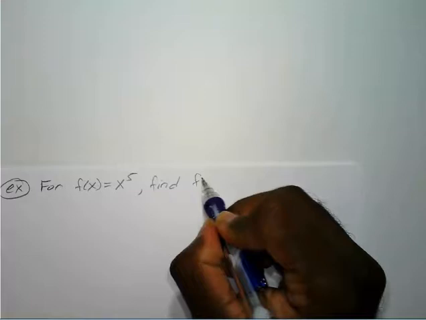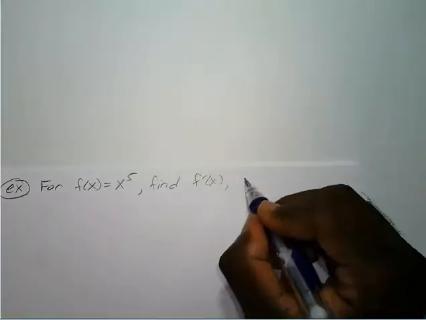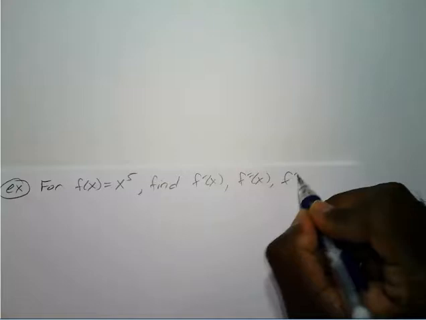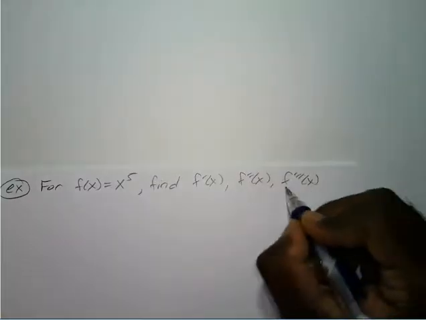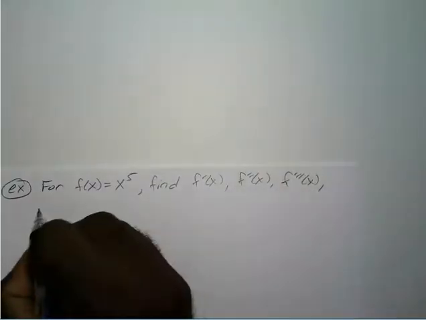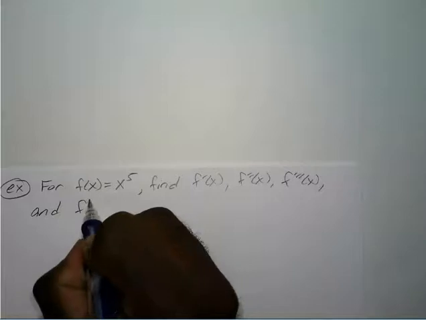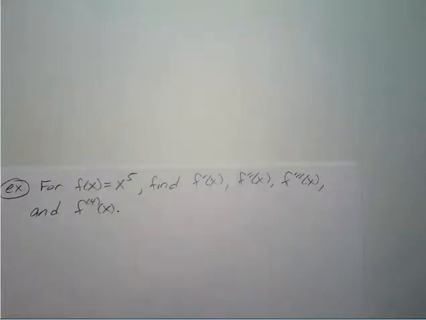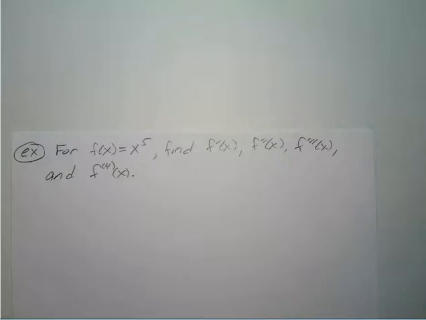Find f prime of x, your second derivative, your third derivative, and your fourth derivative. Just a heads up, this is going to get a little bit lengthy, so you may want to start with a fresh sheet of paper.